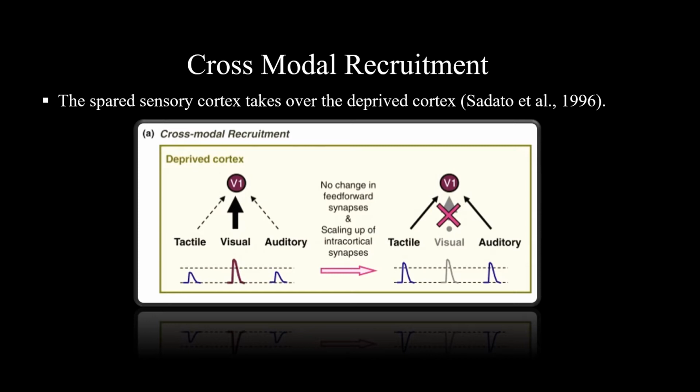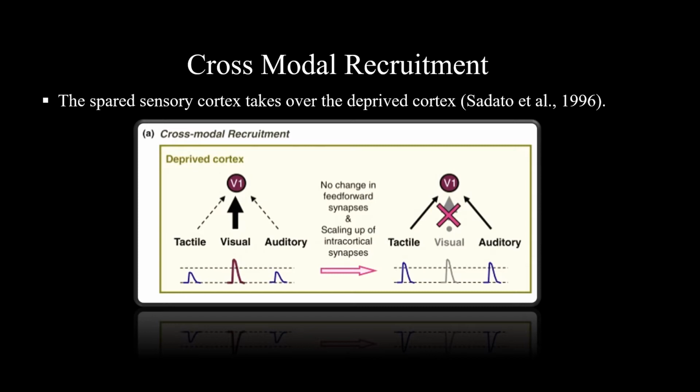An example would be the somatosensory cortex, which deals with touch, of a blind person taking over the visual cortex when reading Braille. The overtaking of the visual cortex by the somatosensory cortex allows blind people to have a more acute sense of touch. This diagram goes into it a bit further.